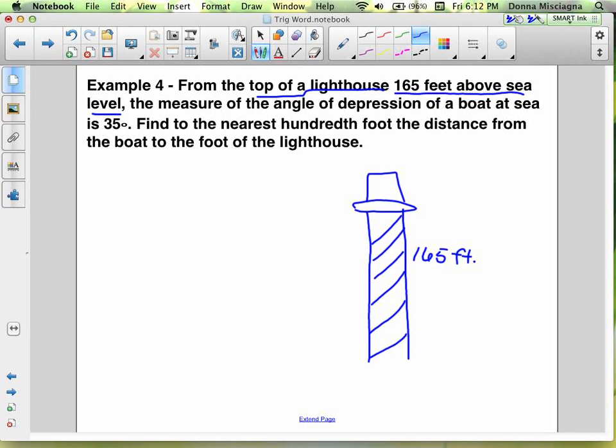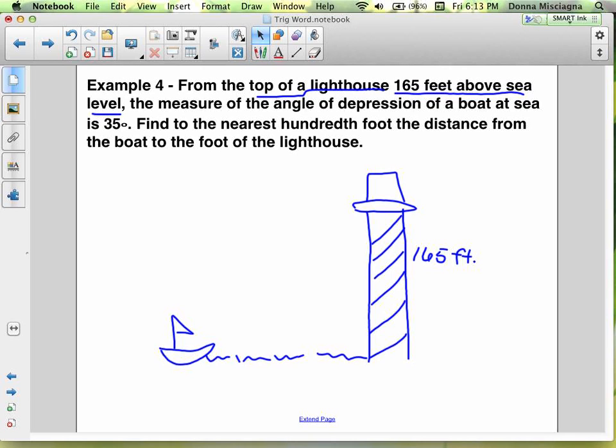So our lighthouse is 165 feet tall. The measure of the angle of depression of a boat at sea. So we've got a boat out here. Here's our boat. It's at sea. The angle of depression is 35 degrees. Angle of depression looks down, so it's how you would have to lower your eyes.